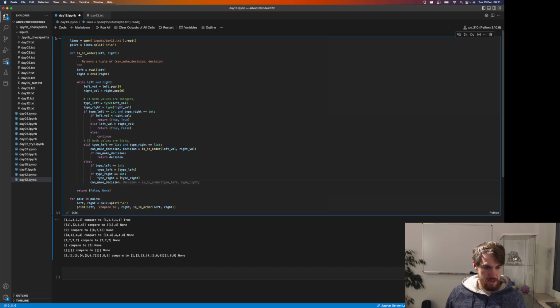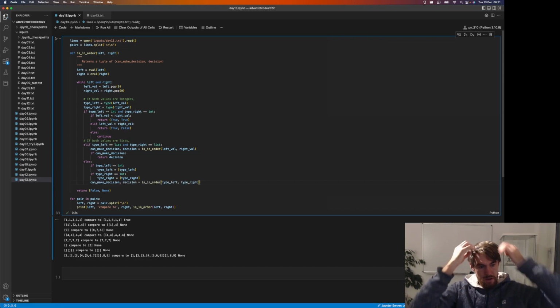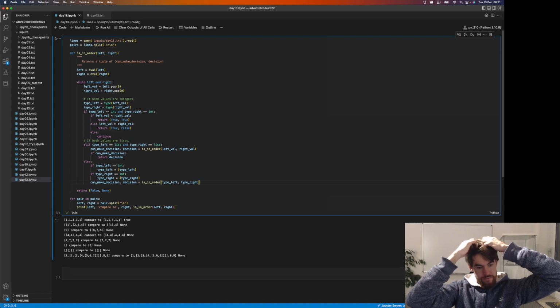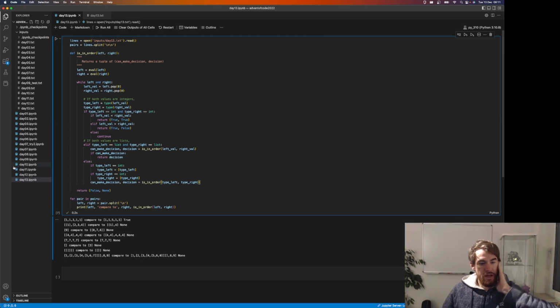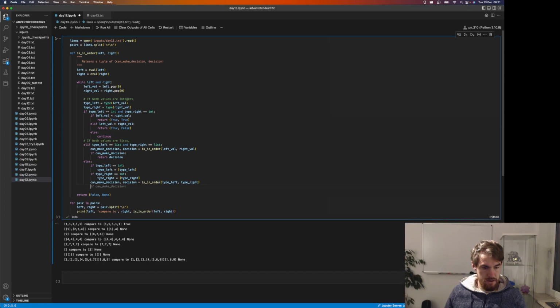Can make decision, is in order, type left, type right. Maybe I should have done this check earlier, because now we have some duplicated code here.